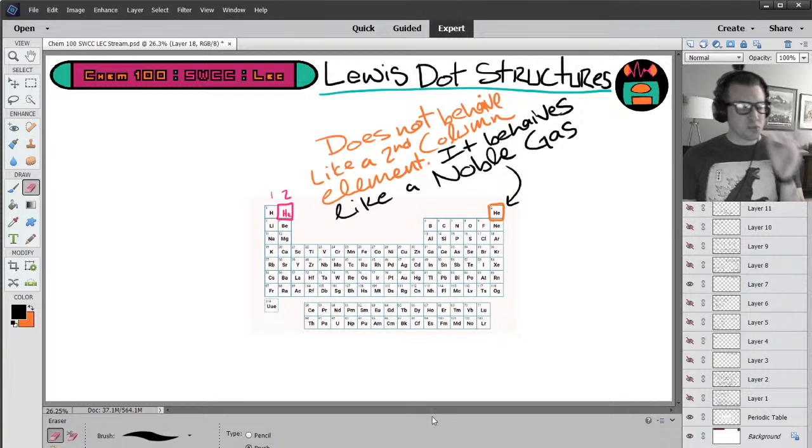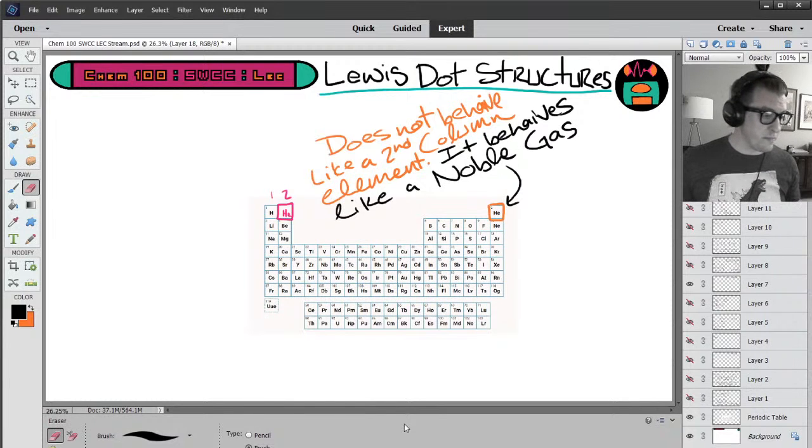So helium is this one weirdo, the only element on the periodic table whose position doesn't match the number of valence electrons. But the reason why they put it over there is because reactivity-wise, it acts like a noble gas, even though electron-wise, it has two, so it could have been sorted into the second column.